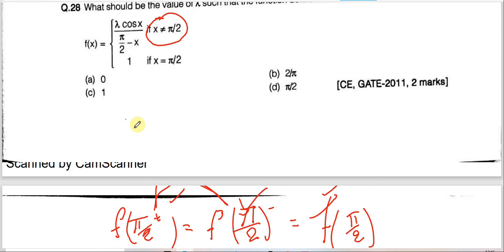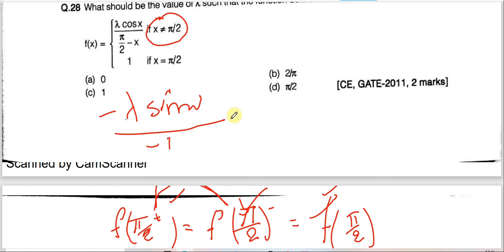If 0 by 0 form is there, then how to find the limit? I have already told you, simply apply L'Hopital's rule. After applying L'Hopital, the differentiation of cos x is minus sin x, upon the derivative of the denominator, which is minus 1.